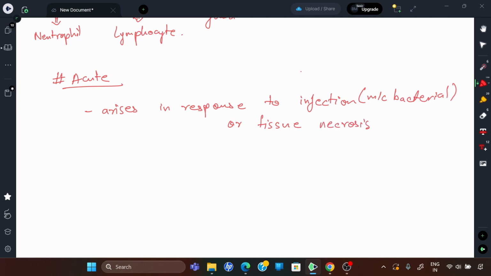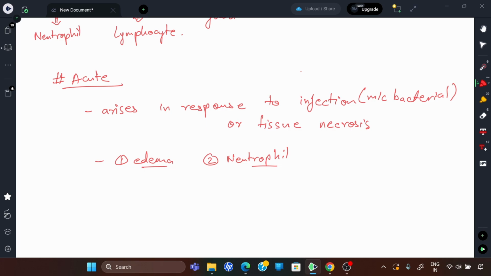So acute inflammation is basically characterized by two things. The first one is edema, which is due to the fluid leaving the blood vessel and accumulating in the interstitium, right? And the second characteristic of acute inflammation is the key inflammatory cell, that is the neutrophil, right? So acute inflammation is characterized by these two things: edema and the neutrophil.